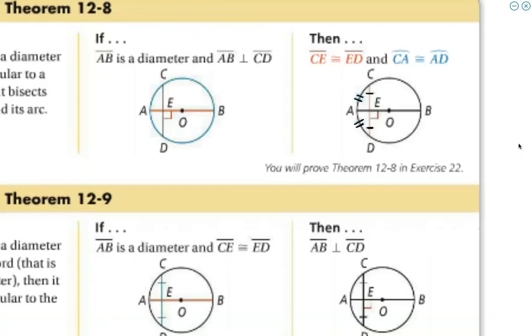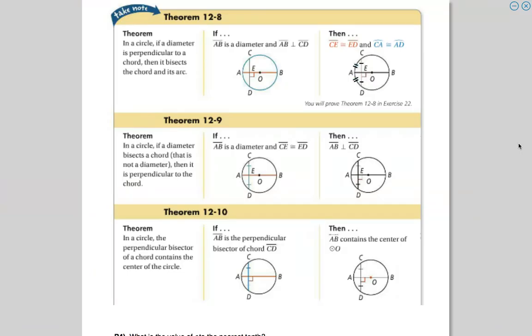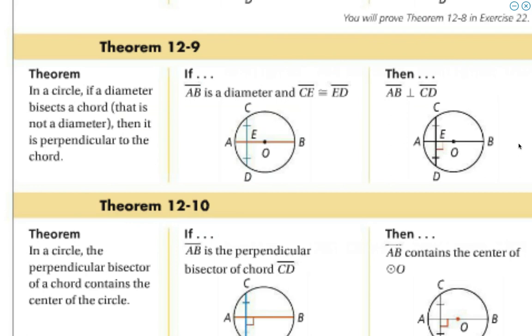Theorem 12.9. In a circle, if a diameter bisects a chord that is not a diameter, then it is perpendicular to the chord.